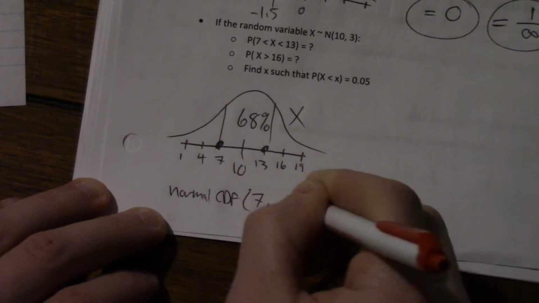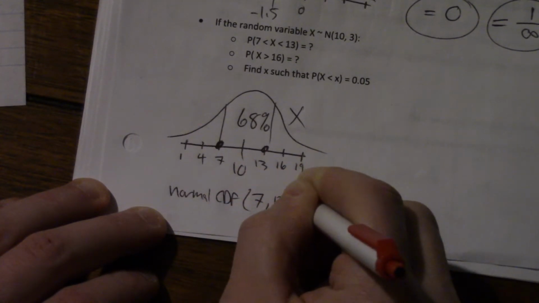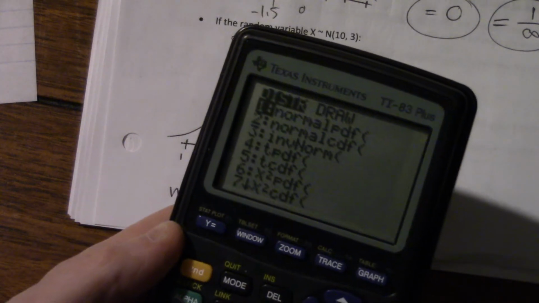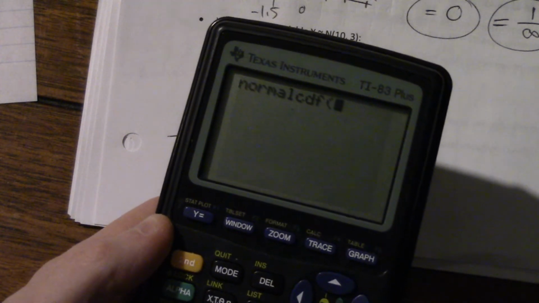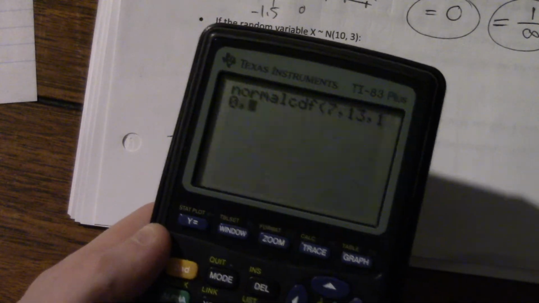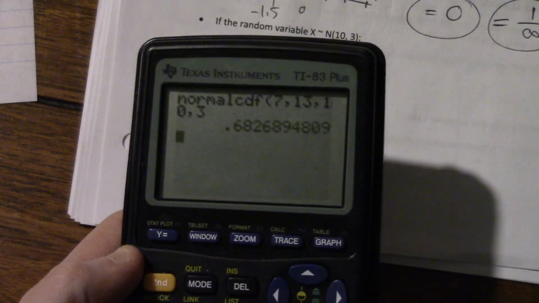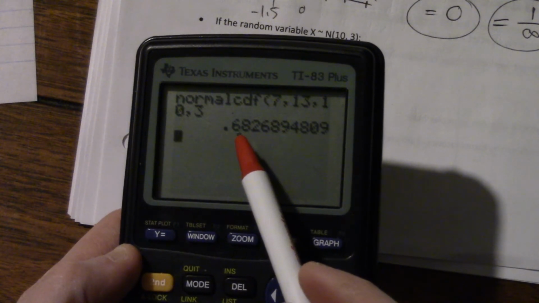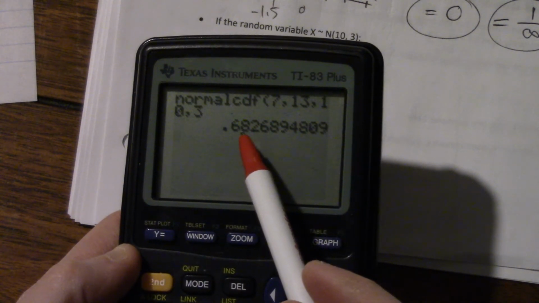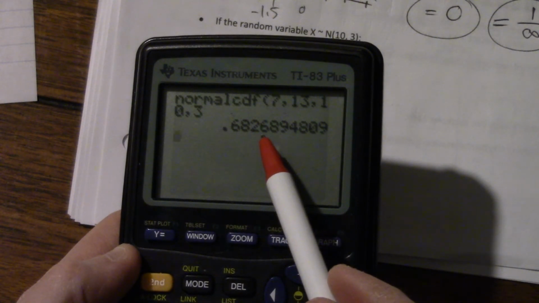Start at 7, end at 13, mean of 10, standard deviation of 3, and let's see what we get. There you go. You get 68% and some change. So really, it's 0.6803, roughly.